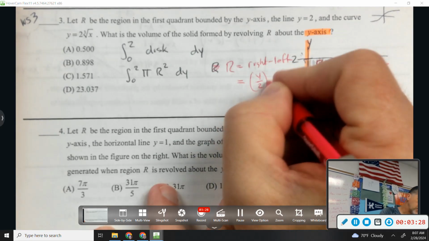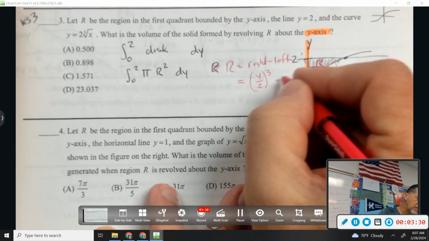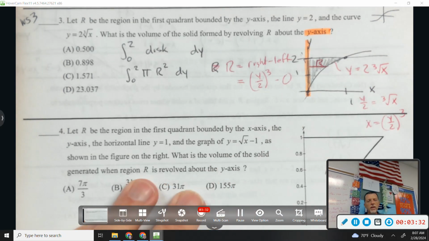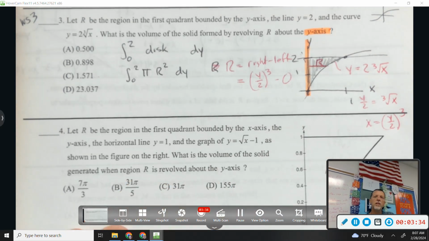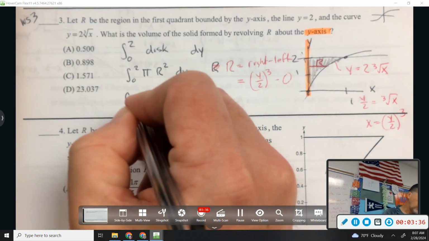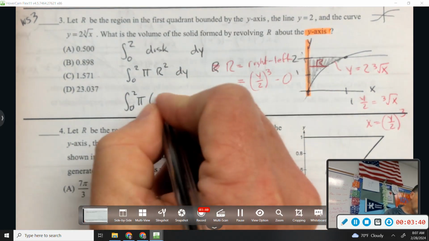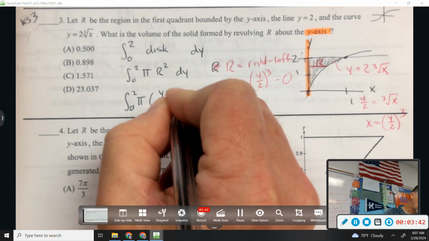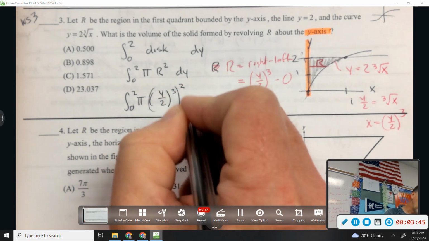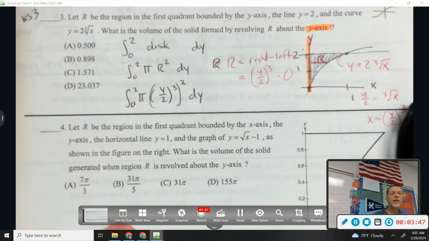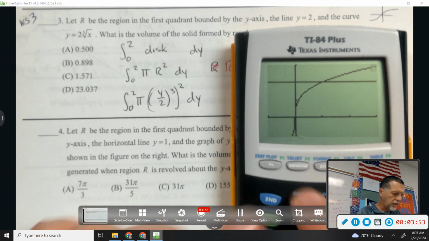Left is 0, so that doesn't really do anything for me. Okay, so 0 to 2. Pi times r is y over 2 cubed, but then we have to square that. Cube squared would be to the 6th, but you're going to the calculator, so let the calculator worry about the algebra.